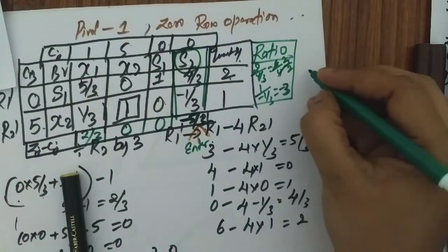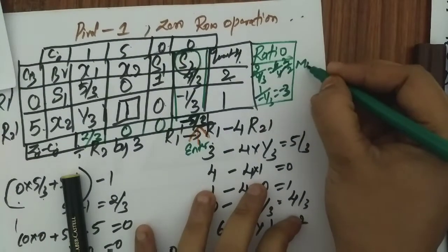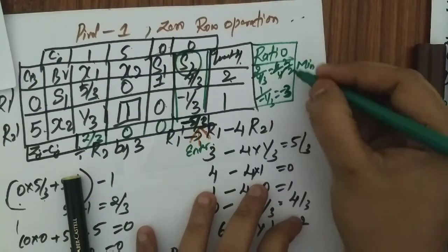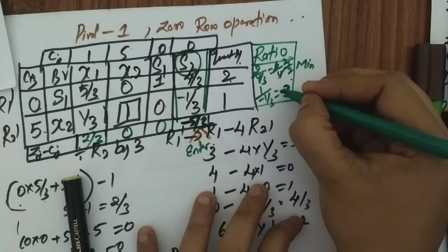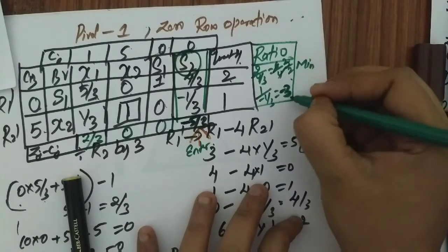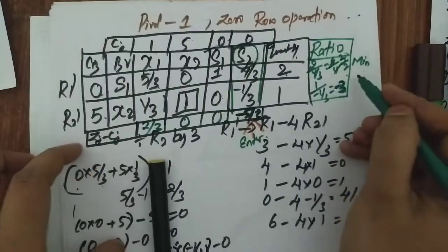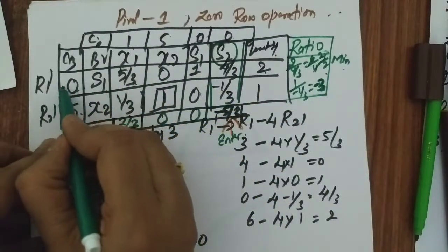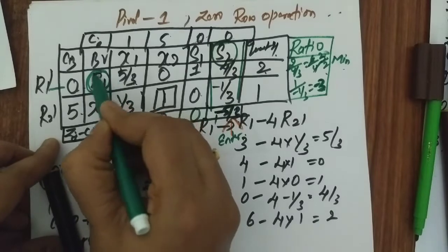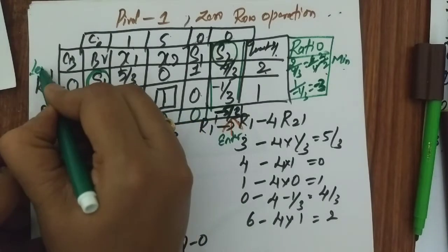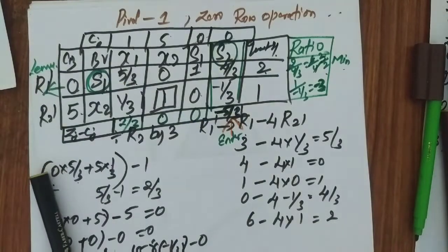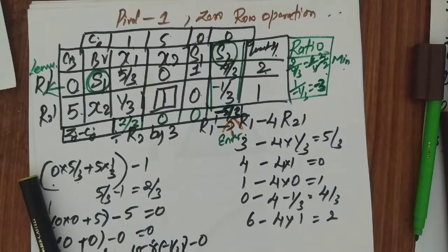Numerically small is the minimum value. Compared to 3 and 3 by 2, what is minimum? Don't worry about this negative sign. We are checking only numerical values. Among these, which is minimum? 3 by 2. So 3 by 2 means this S1 is going to leave the basic variable. S2 is going to enter and S1 is going to leave.